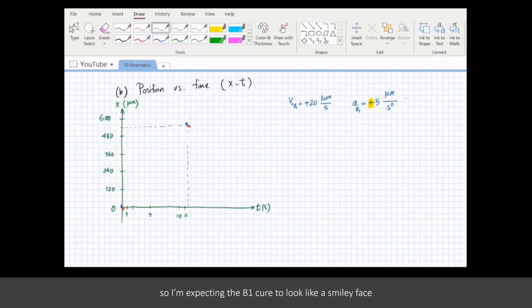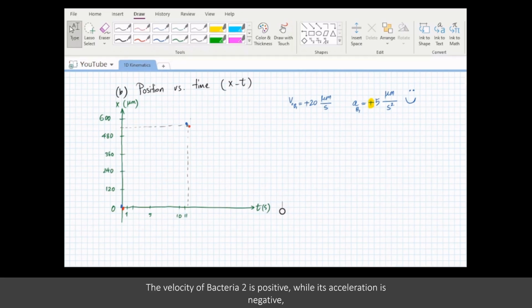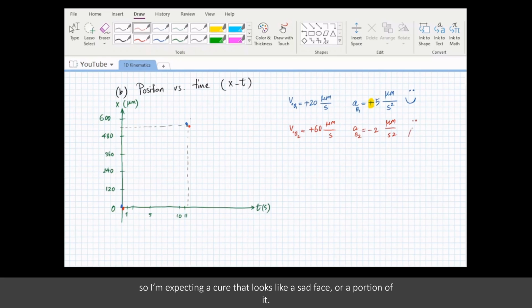So I'm expecting the B1 curve to look like a smiley face or a portion of it. The velocity of bacteria 2 is positive while its acceleration is negative. So I'm expecting a curve like a sad face or a portion of it.